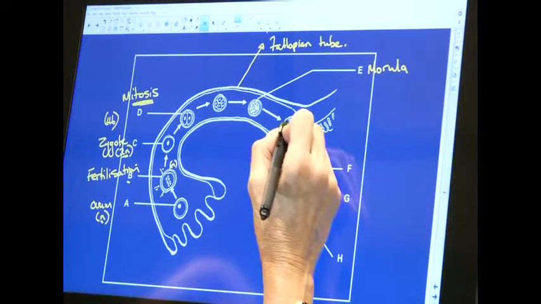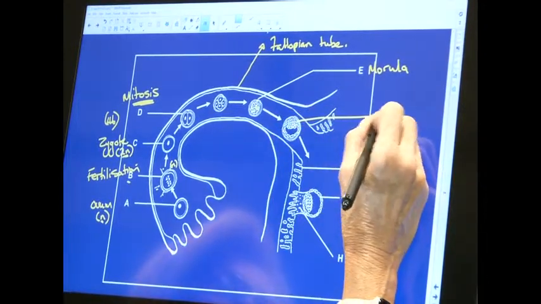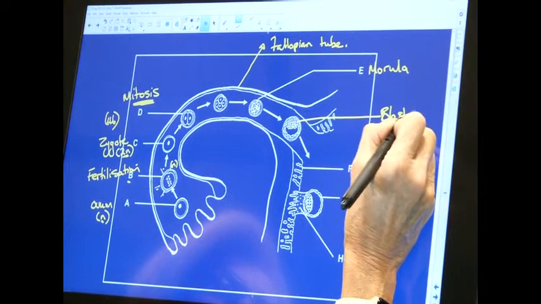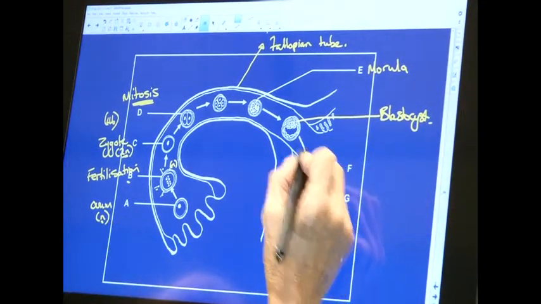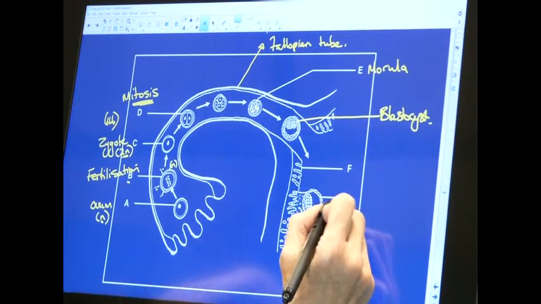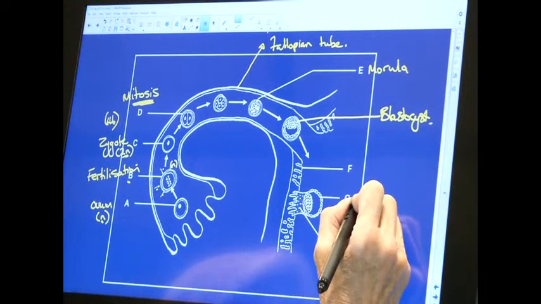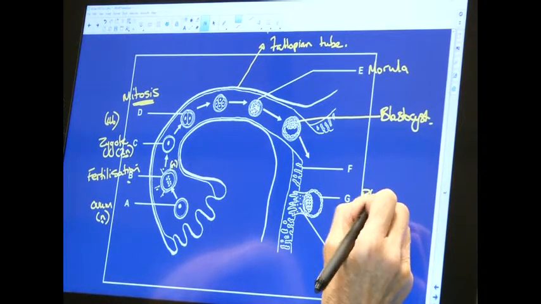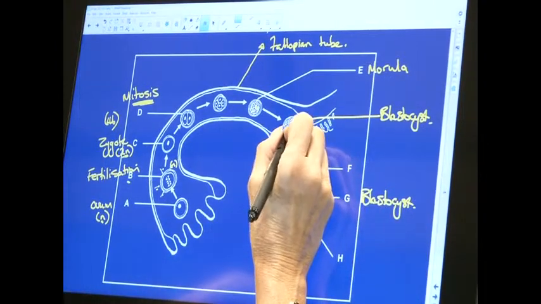And then it develops into this little structure here called the blastocyst. Okay, and the blastocyst will develop this outer layer, which I'm not sure what G is supposed to be. So G could be blastocyst. Although I've already put that in there, but it wasn't labeled.